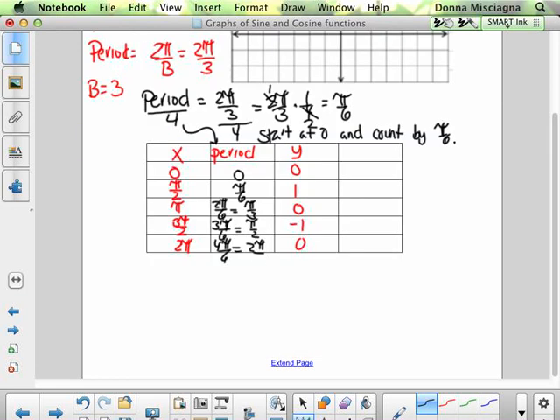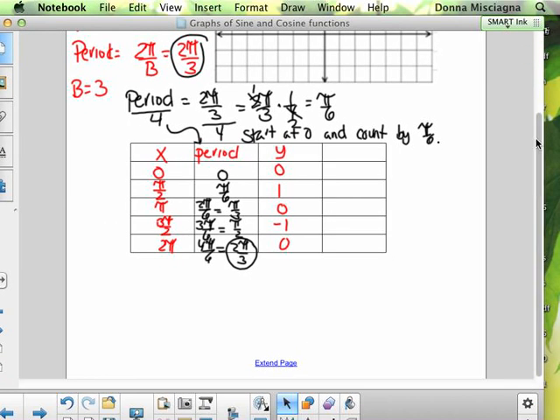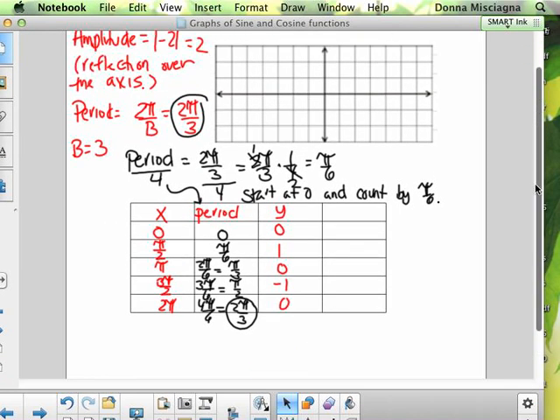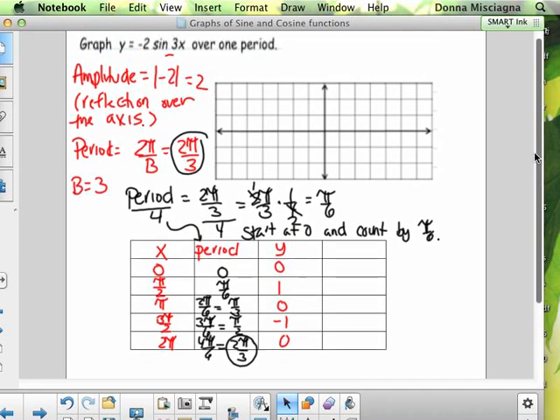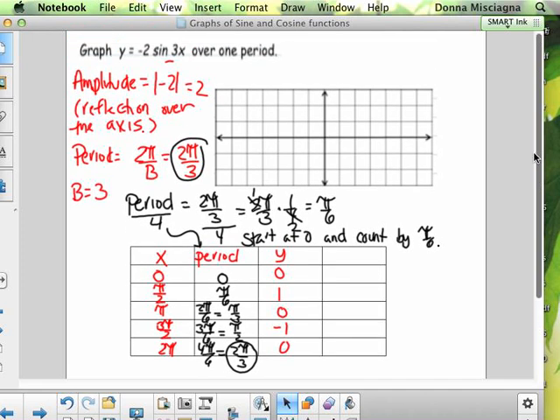And so notice this value here matches this value up here. And I'm going to fix the board. Sorry, I hit the extended page. There we go. All right, so we have our new x values. So this right here is the new x.